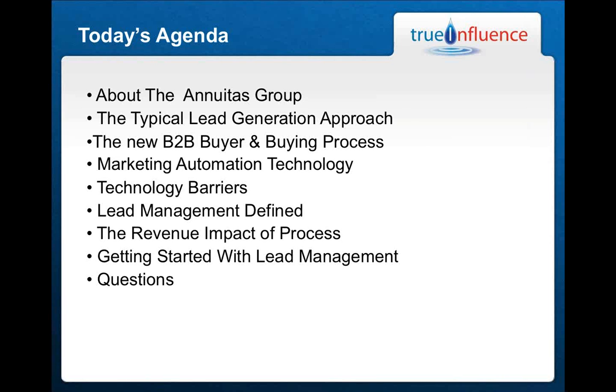We will then look at the technology barriers, how lead management should be defined, the revenue impact of process, and then how to get started with lead management. As Ron mentioned at the start, if you have questions, please submit those, and we'll get to those at the end and even some during the presentation.